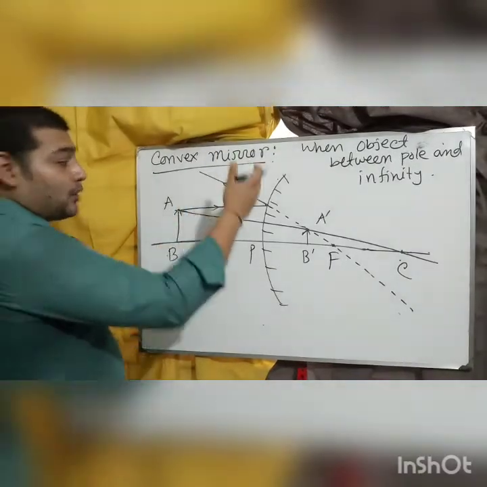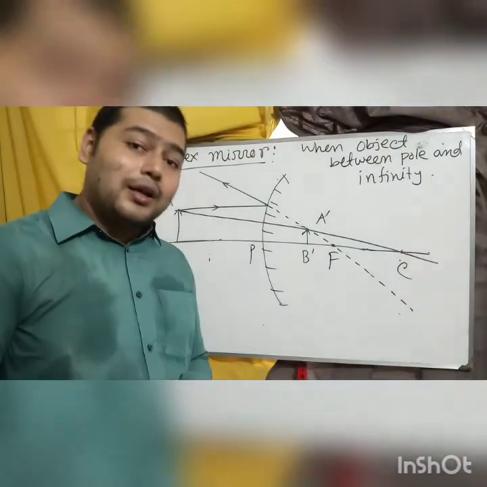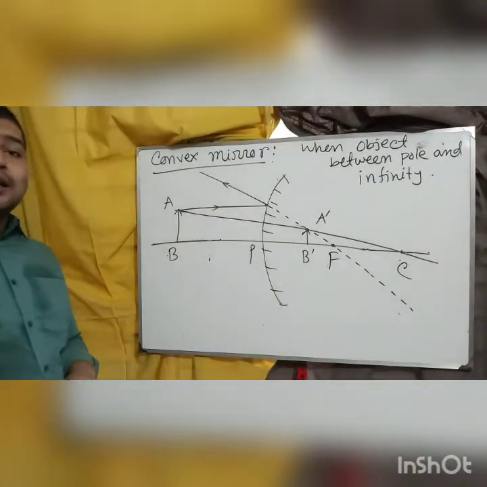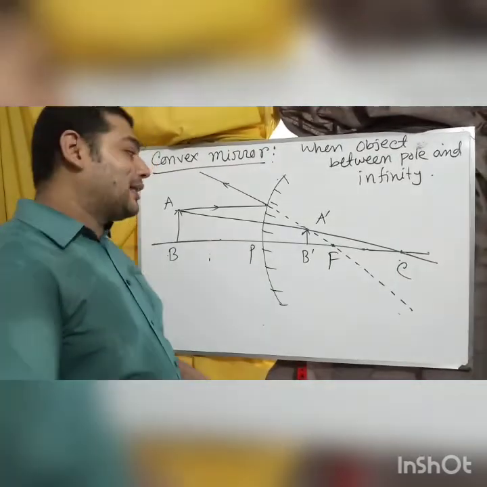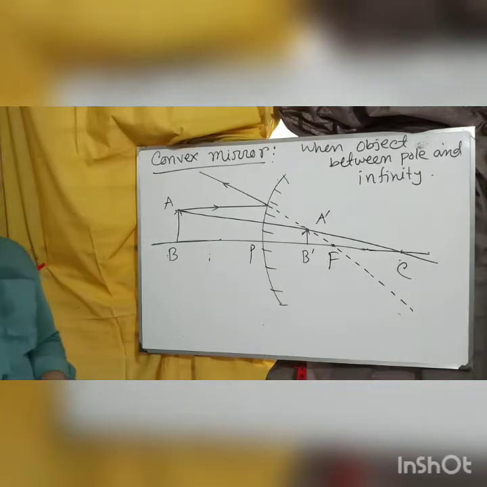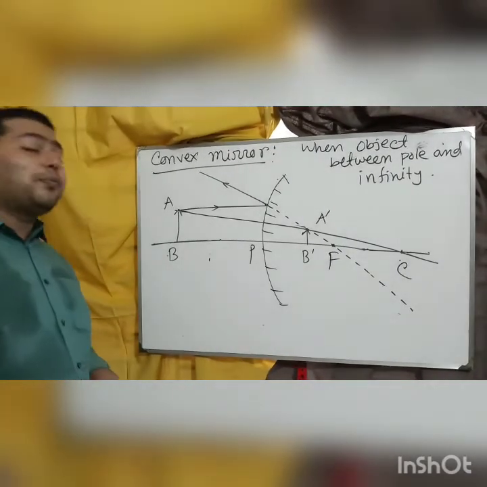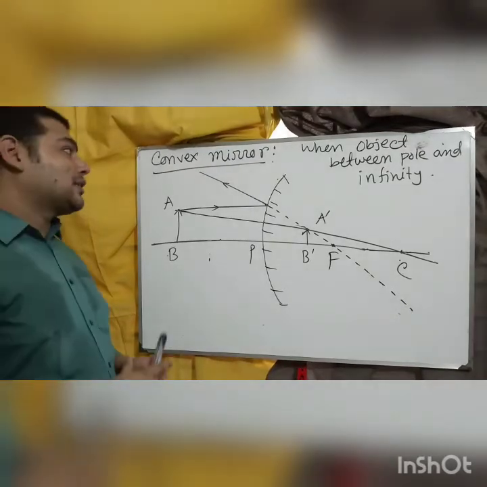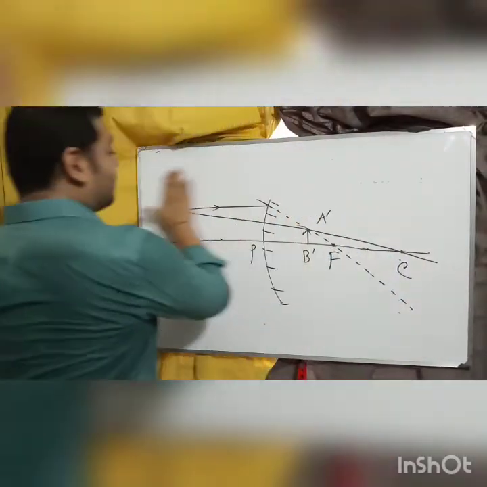For a convex mirror, we always get a virtual and erect image for all positions, and the size of the image will be diminished for all positions of the object. So this is our ray diagram for formation of image.